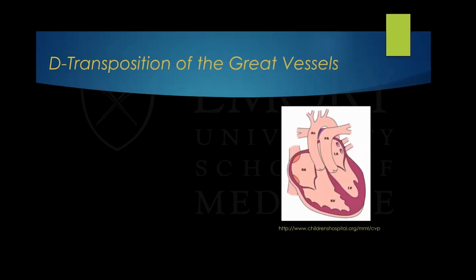So moving now to those transpositions that require intervention right at birth is the D-Transposition of the great vessels. So you see in this cartoon, and I will explain as I go along, this one is a cyanotic congenital heart defect. The aorta will arise from the right ventricle, and the pulmonary artery arises from the left ventricle. So there is a D loop of the ventricles.